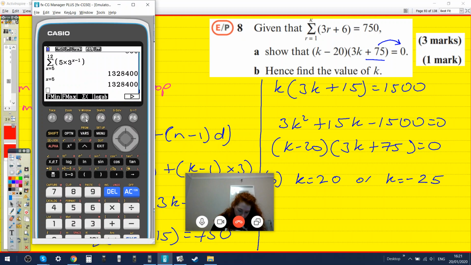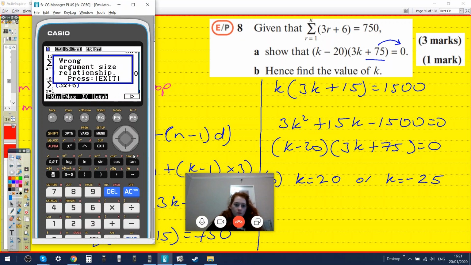Calculate sigma 3, I'll use x just 'cause that's quicker. Sorry, 3x plus 6, x equals 1. And then the top I'm going to put minus 25.